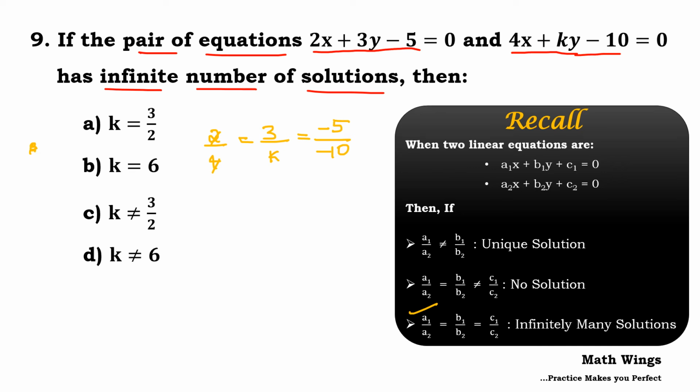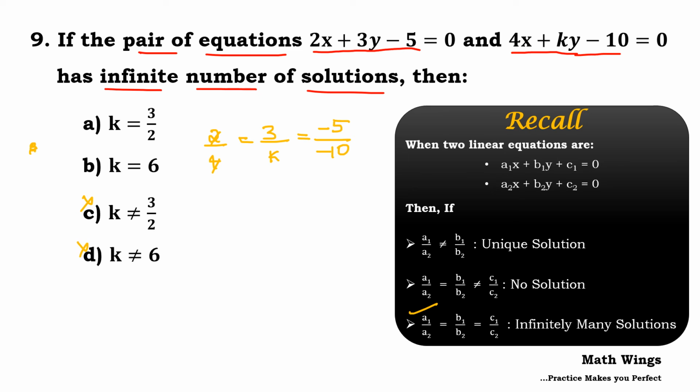So observe here, they're asking to get the infinite number of solutions, what we should have, right? Therefore, how can we go with this problem here? We can directly eliminate the C and D options because they have given not equal. We just want to find the value of k, which is equal to what.